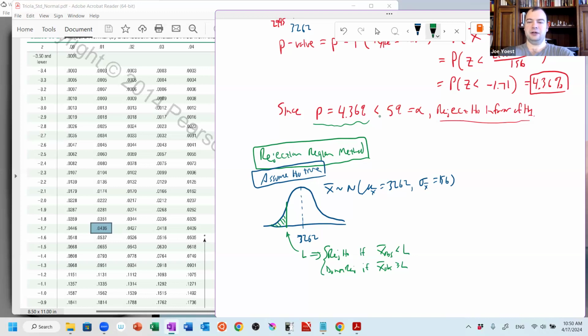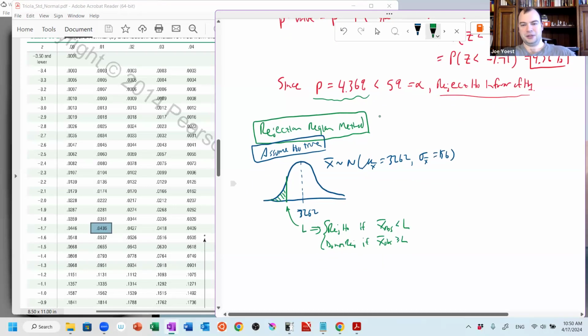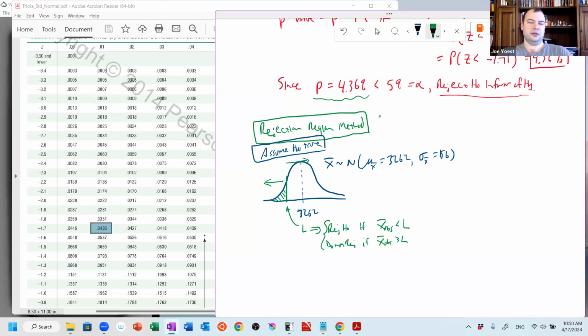Instead of comparing P to alpha, I want to compare X bar observed to this limit. I want to ask, is X bar observed in the rejection region or not in the rejection region?